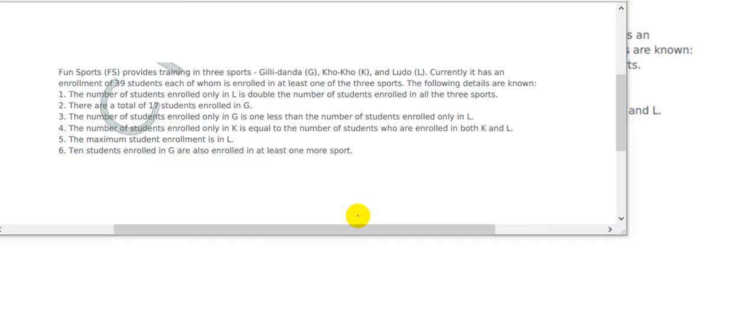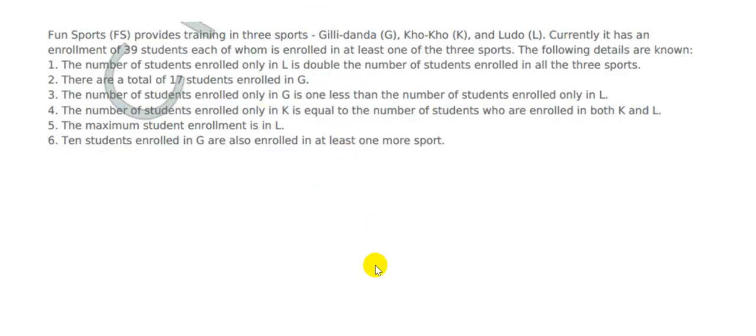Anyone? So it's talking about 3 sports, and if you see the clues, number of students enrolled in only L, all 3 sports, enrolled in G, etc. So this is a question based on Venn diagram. Okay.